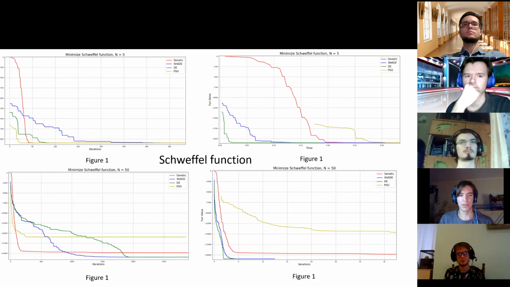Here you can see that for a small dimension, the algorithms find a decision, and you don't see any advantage of the SHADE algorithm besides differential evolution. But if we make our dimension much bigger, you can see that SHADE works pretty well, and PSO and genetic algorithms don't find the solution.